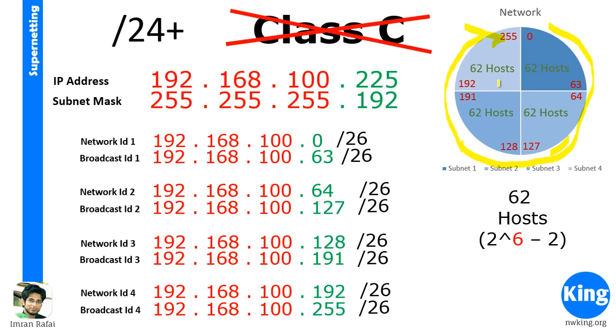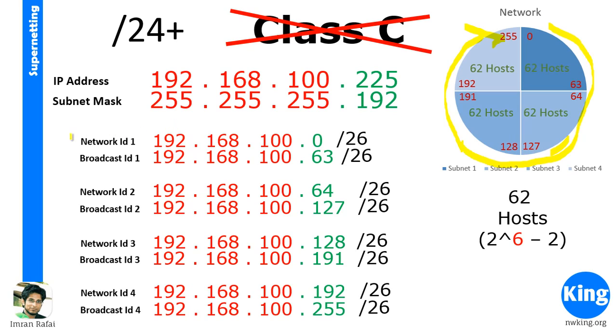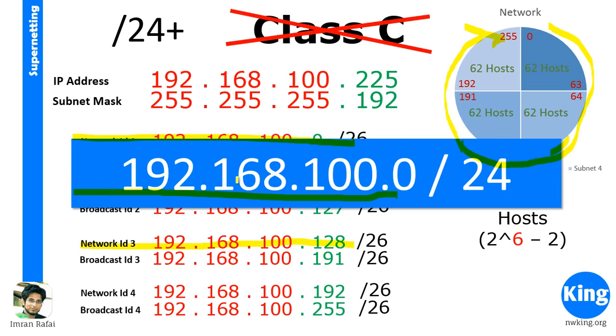But if we didn't break it, we could represent all these 4 subnets as 192.168.100.0/24, which includes all these 4 subnets, right? That's what supernetting is. So instead of the router having all these network IDs listed one by one, they could just list one network ID, 192.168.100.0/24, and that includes all these 4.